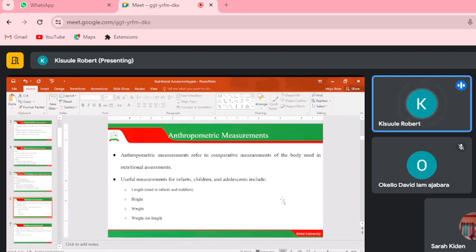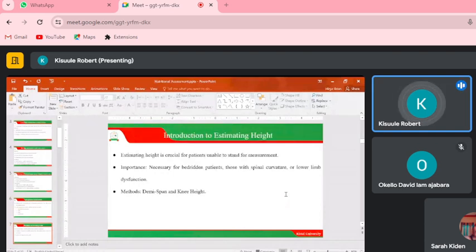Here we will take the length, the height, the weight, and the weight for length, weight for height, and also height for age. I think that one is for stunting, the others are for wasting. And this is where we come with the mid upper arm circumference.